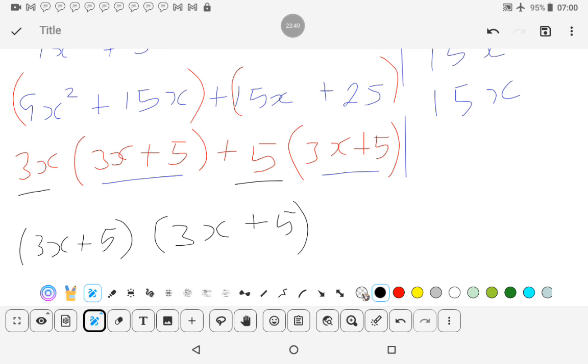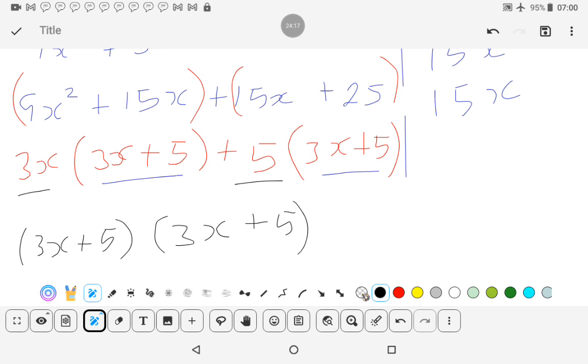By the time we expand this bracket, you get back the original expression. So this is how you factorize, and that is why they say factorization is just the process of breaking down numbers or algebraic expressions into smaller terms.